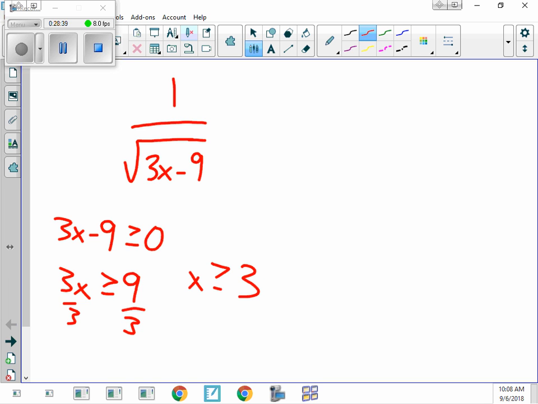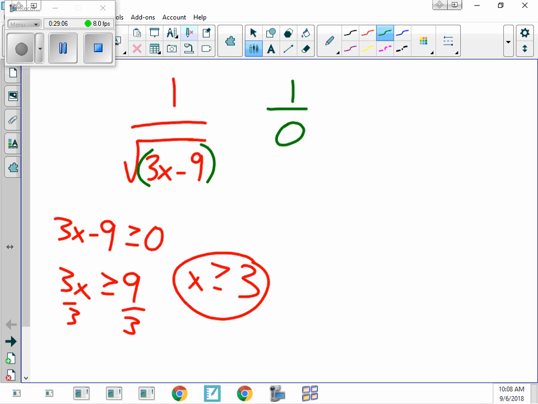Oh, sorry, what? Did we divide or multiply by negative? Nope, we're good. Okay, Bailey, say that again. Oh, good. So this satisfies the square root issue. Okay, but I still have to be careful not to do that.